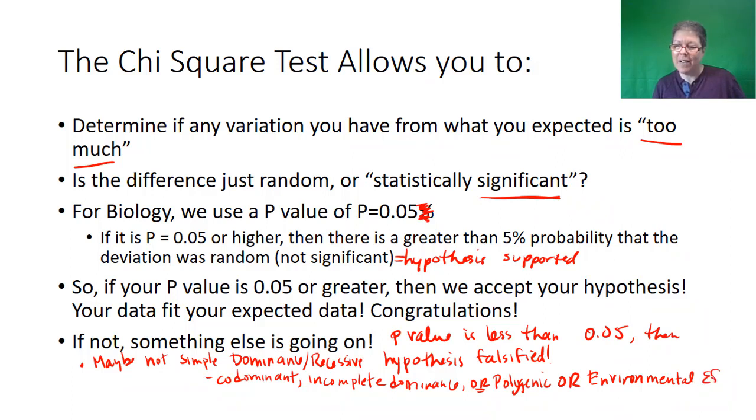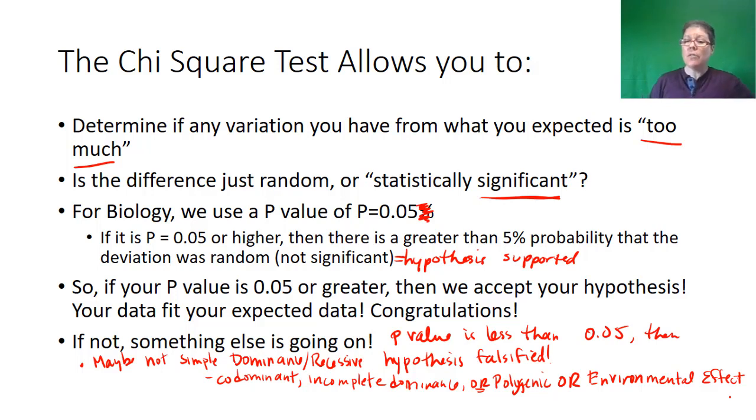Had to remember. Okay, effect and effect. So if your hypothesis is falsified, there's something else going on. Maybe it's not simple dominance or recessiveness. Maybe it's codominant, maybe it's incomplete dominance, maybe it's polygenic inheritance. So there are multiple genes involved, like we see in things like hair color and skin color and height, I think.